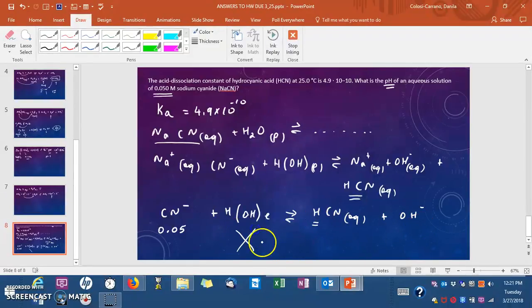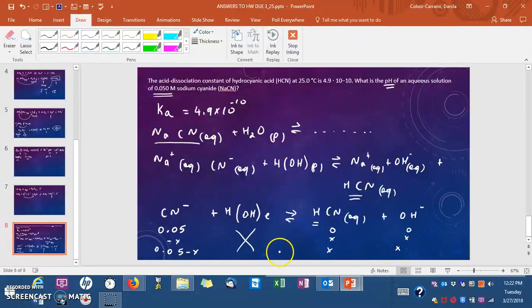So this is the pure liquid component which you don't care about in calculating your Kb. So now pay attention, you're starting with this 0.05, you have 0 here, you have 0 there, you're losing x. This is what gives you the 0.05 minus x, you're gaining x on both sides, so this is what you have.